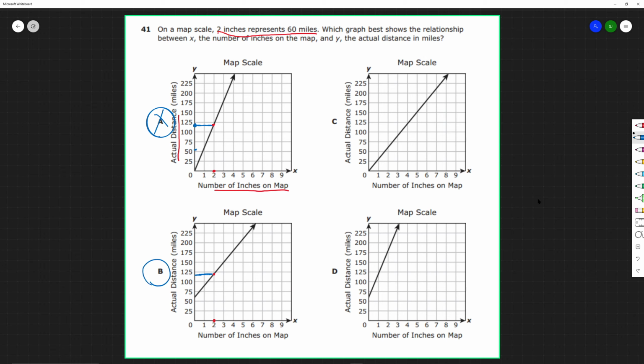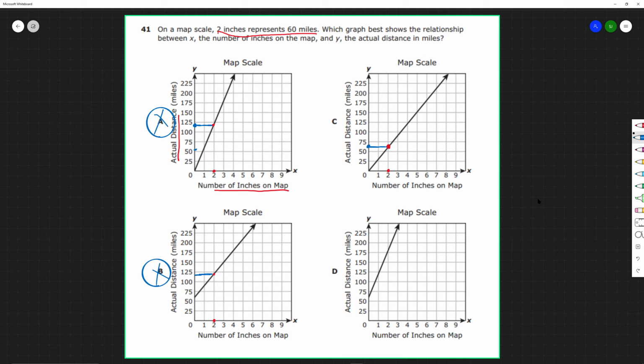So this one, no. Okay, choice C. When x is 2, for 2 inches on the map, the data point is here. For this data point, the corresponding y, the actual distance, is in the middle of 50 and 75. It could possibly be 60, so C is a possible answer.